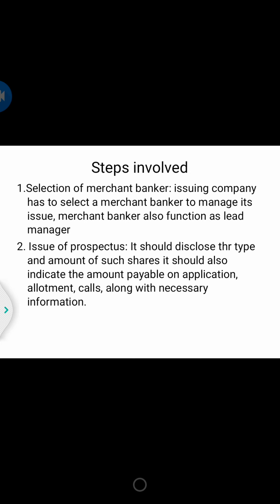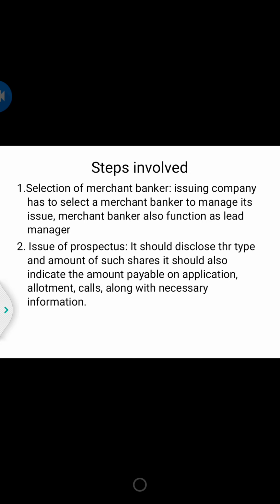Any document issued as a prospectus, including any notice, circular, advertisement or other document that invites offers from the public for the subscription or purchase of any shares or debentures of a body corporate, we call it a prospectus. It is a document by the public company inviting the public to subscribe to its shares or debentures.